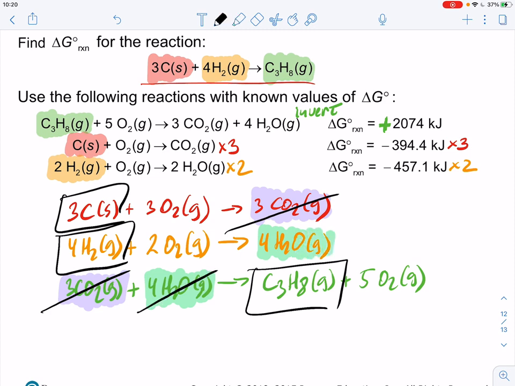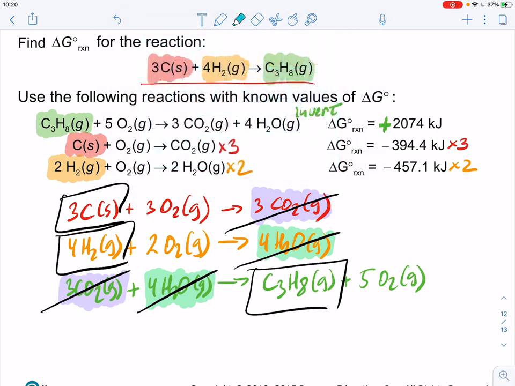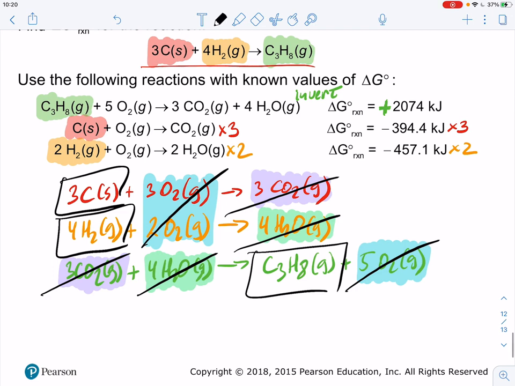So we can cancel those. And we have 5 oxygens here, and we have 3 and 2, a total of 5 oxygens here. So we can cancel those out. Okay, and we obtain out of this, where you're keeping everything that you need in the amounts that you need.